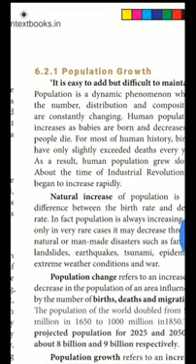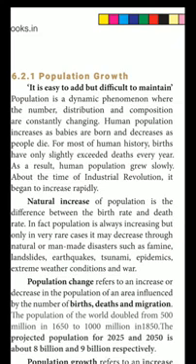Listen, it is easy to add but difficult to maintain. So, population growth, it is easy to add but difficult to maintain. Population is a dynamic phenomenon. Dynamic phenomenon, that means what? It will change often. We can't say it's accurate, where the number, distribution and composition are constantly changing.